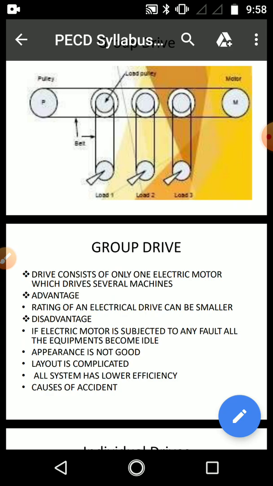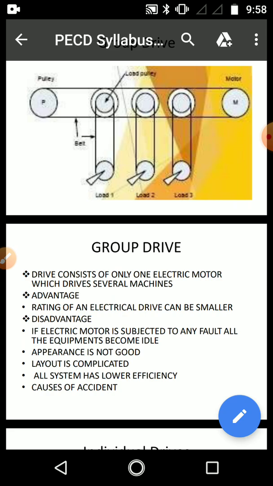So what are the advantages? The rating of an electrical drive can be smaller. The disadvantage is that if the electric motor is subjected to any fault, all the equipment become idle, because all the loads which are connected, the machines, are dependent on a single motor.